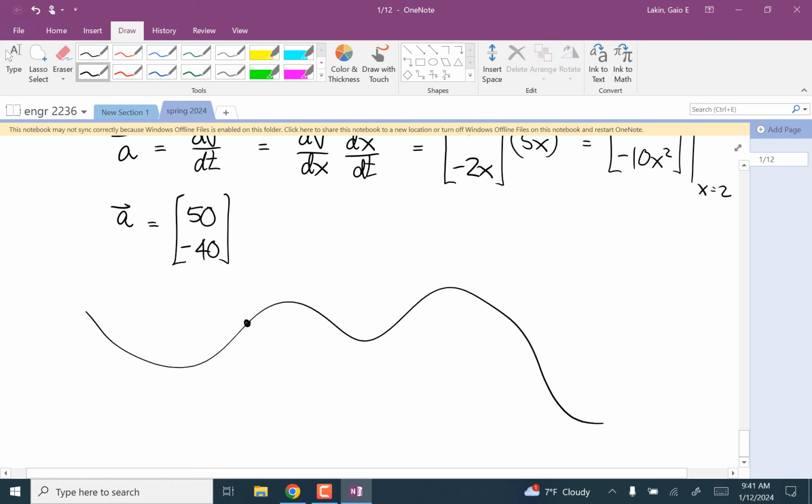Let's say over here, the acceleration vector is 50 in the x direction, -40 in the y direction. So this is the acceleration vector at that instant. I see. And then in three-dimensional space, you're just adding. Exactly. It works exactly the same in 3D.